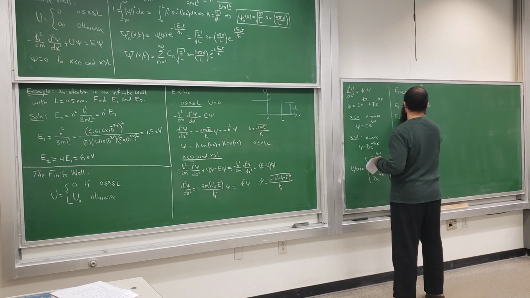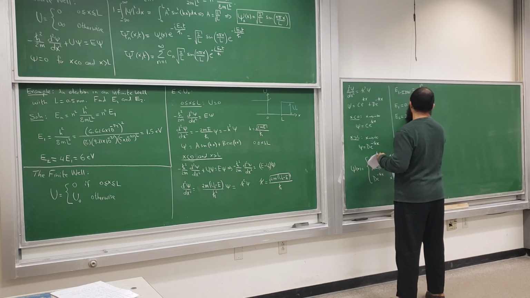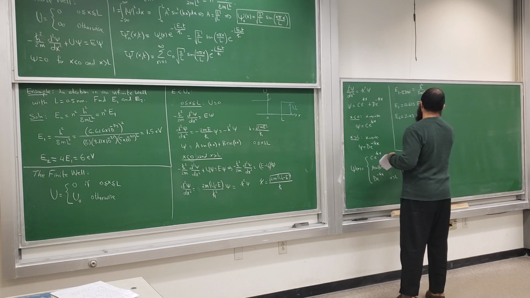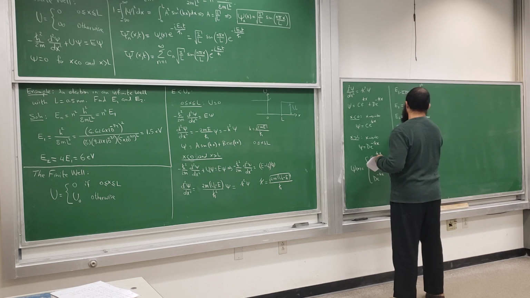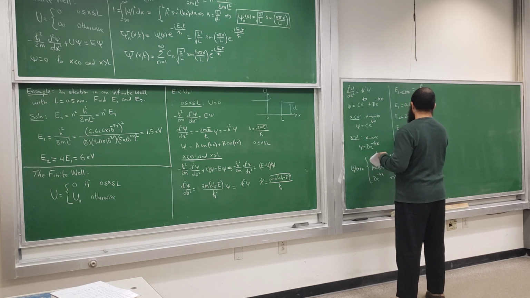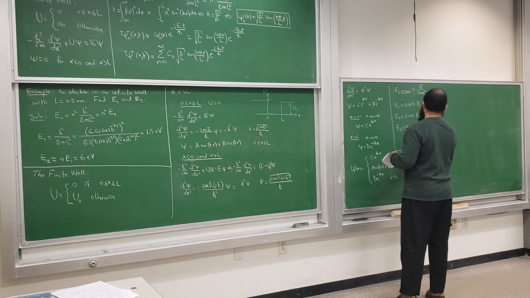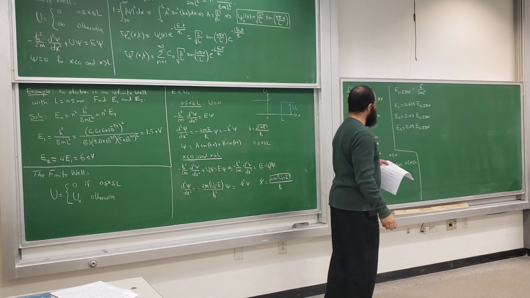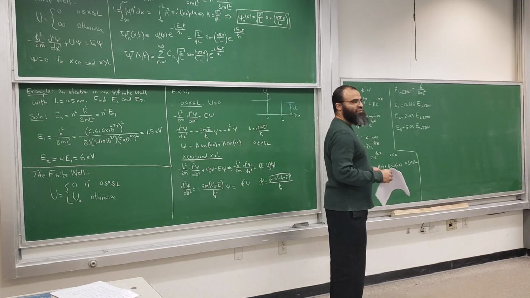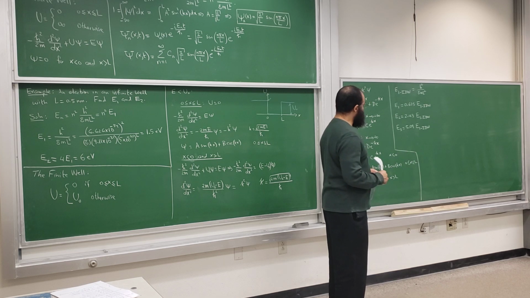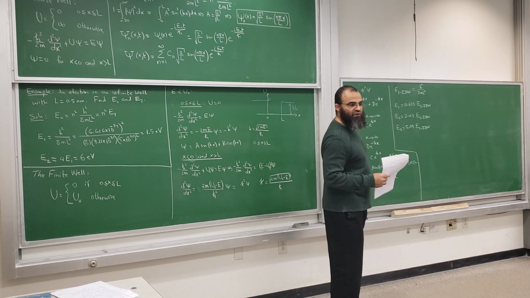E2 is equal to 2.43 times it, and then E3 equals 5.09 times E1 of the infinitely deep well. We would go through the derivation, but we would need 3 or 4 more weeks in the semester. There are a few theorems that you have to prove about some properties, but this is the summary of what we have.